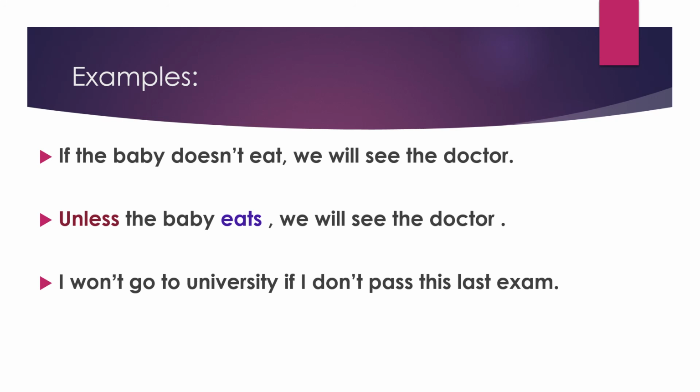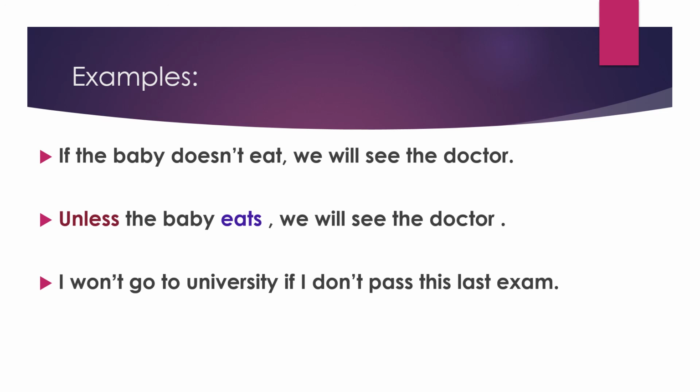Number 2, I won't go to university if I don't pass this last exam. Where is the if clause? Yes, here we started with the main clause, then the if clause. The main clause stays as it is: I won't go to university.